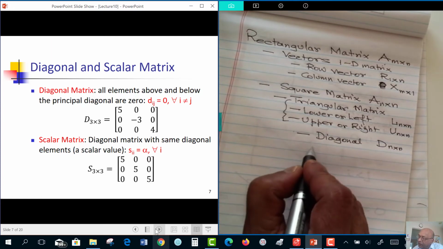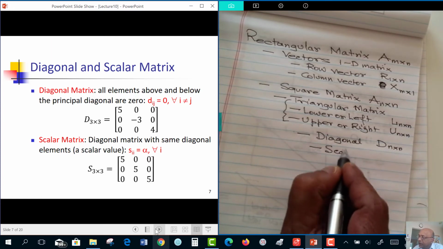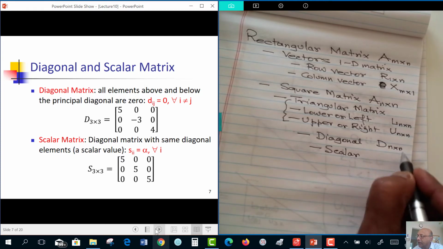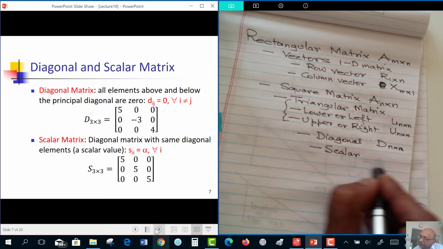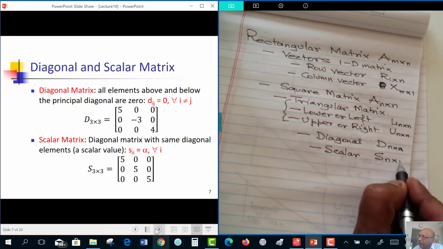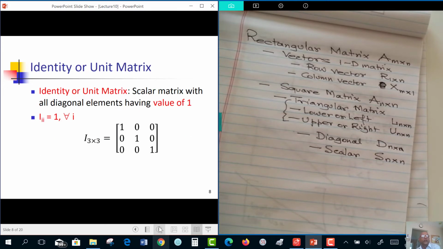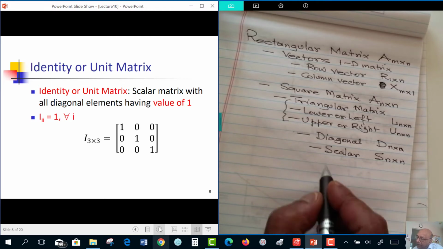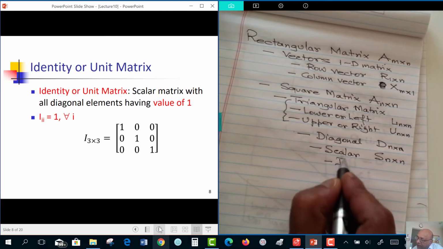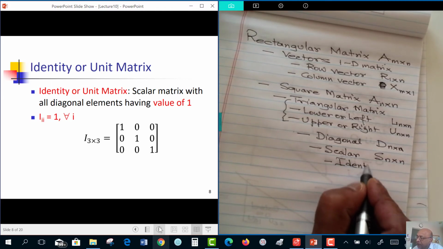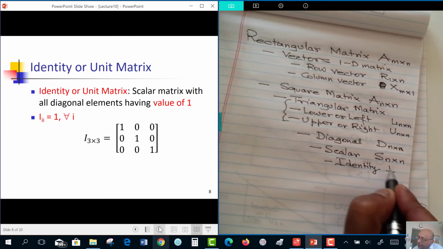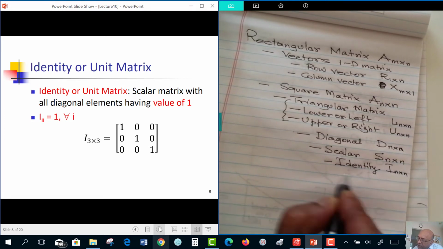And a little later we'll find out a special case of this is a scalar matrix. I'm going to go over this in a moment, just want to show you the tree. And a special case of a scalar matrix is an identity matrix, or a unit matrix.